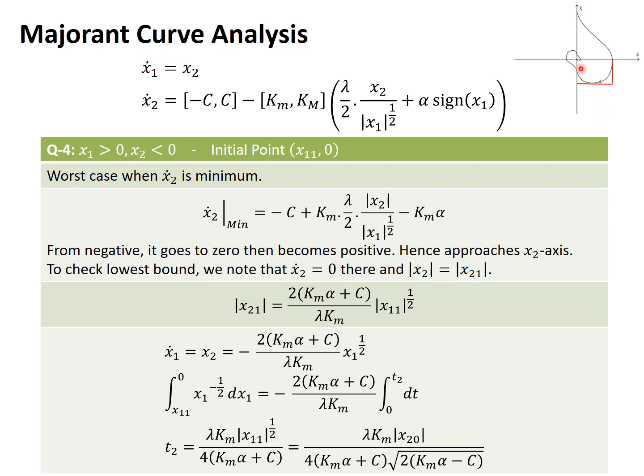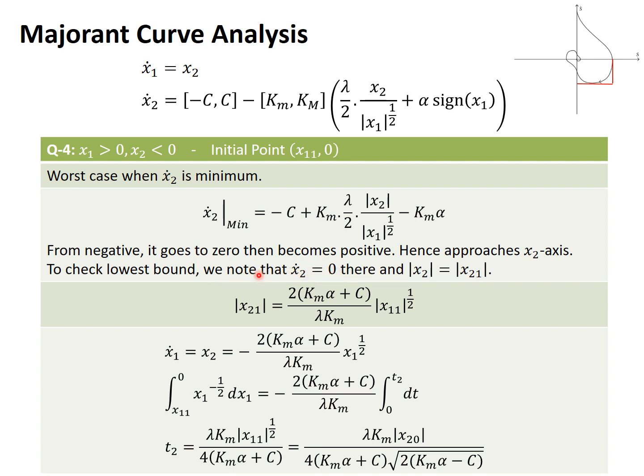So now what we need to do is check the lowest bound. We are not checking this point, we are checking this point. We are trying to note this point when x2 dot is 0. At this point, if we take a straight line, you see the slope here, x2 dot is 0 here.